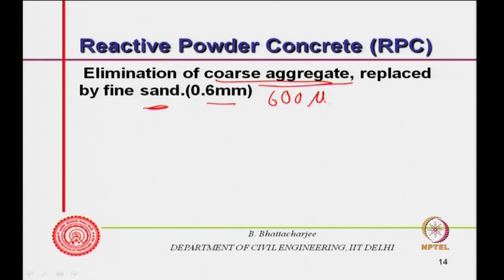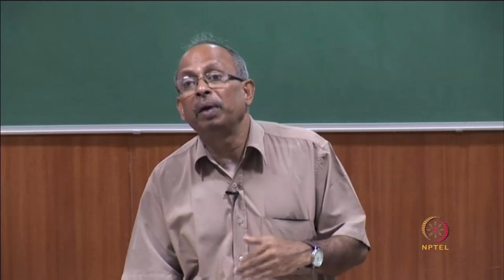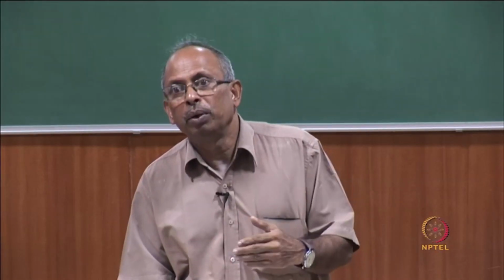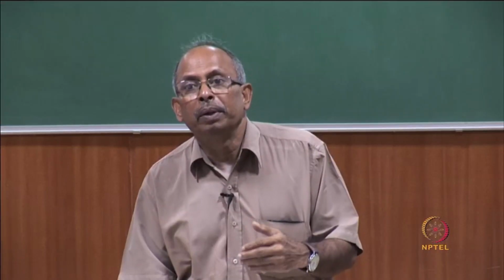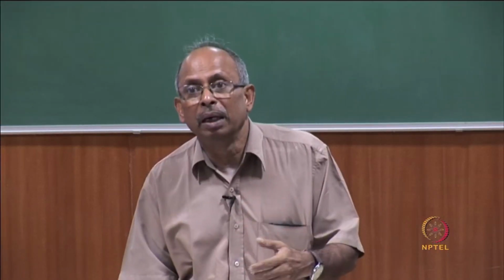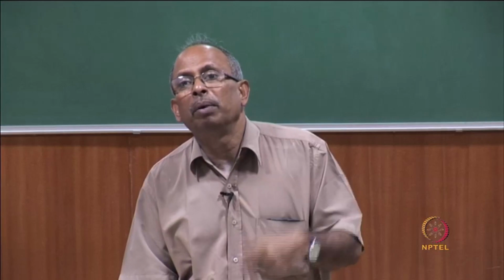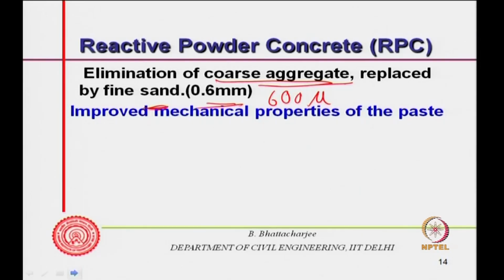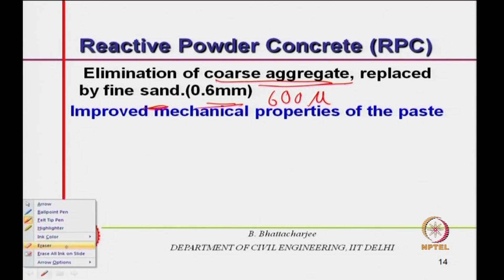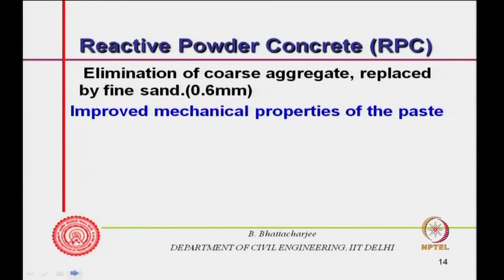So, you are not using all fine aggregate sizes, not going to 4.75 mm. It is reduced further from the 4 mm I talked about to now 0.6 mm, and the mechanical properties of the paste are improved.